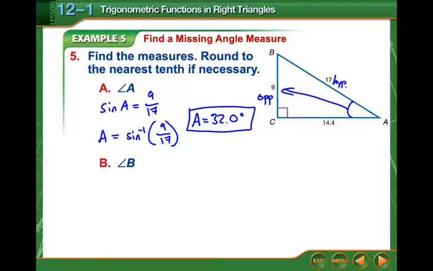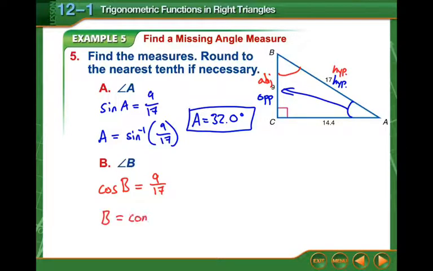Now, technically, because we got 32.0, we could just subtract that from 90 and we'll get our answer for B. But we're not going to do that. We want to use trig functions. So we are going to instead use cosine. So for B, it's the adjacent and still the hypotenuse. So we're going to use the exact same fraction for cosine now to find angle B, which is going to be 9 over 17 still. And again, we just do our inverse cosine.